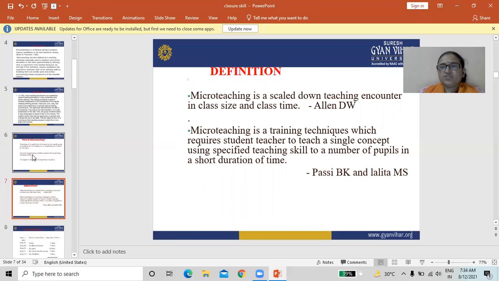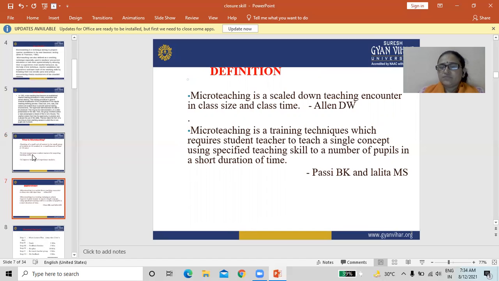Next definition of micro teaching, Pasi BK and Lalita MS. Micro teaching is a training technique which requires a student teacher to teach single concept using specified teaching skills to number of pupils in short duration time.